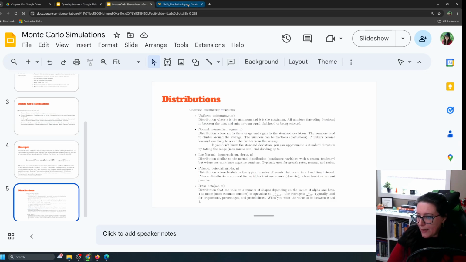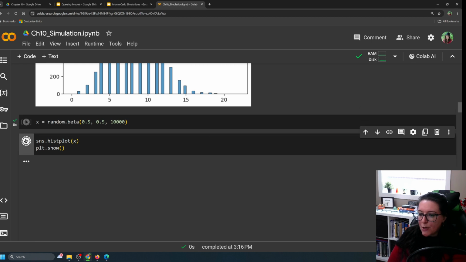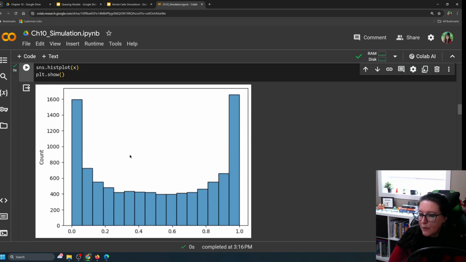All right, let's go into our simulation. So here's an example of a beta 0.5, 0.5. So alpha 0.5, beta of 0.5, generate 10,000. So notice in this scenario that the most common responses here are 0 and 1.